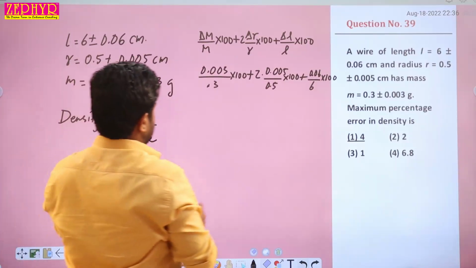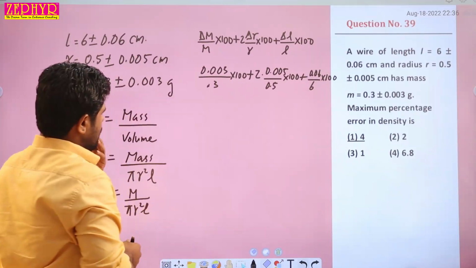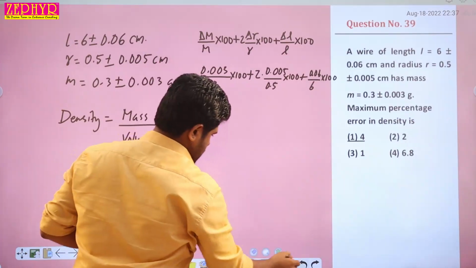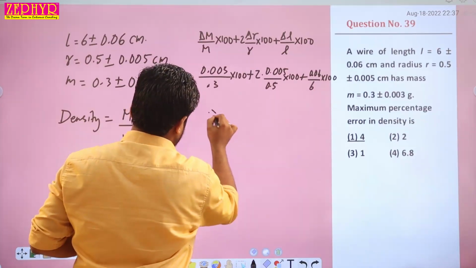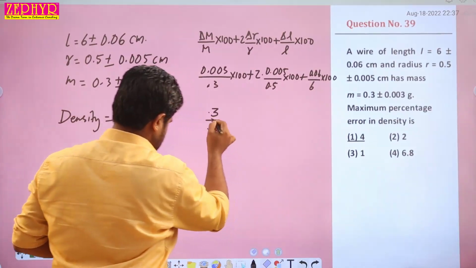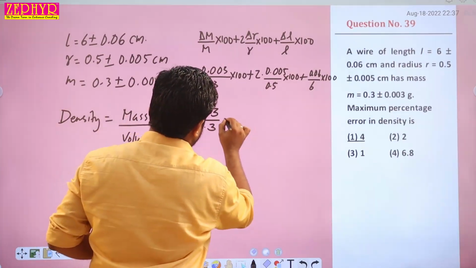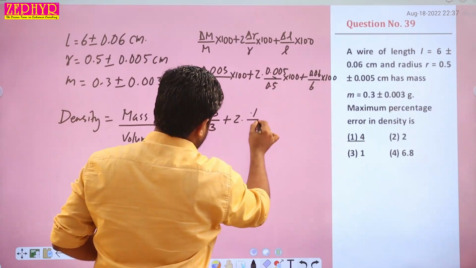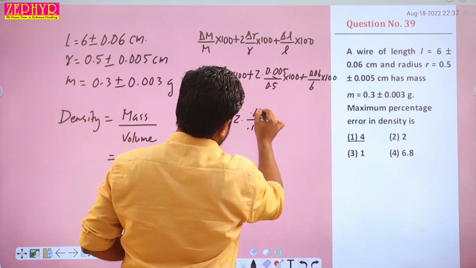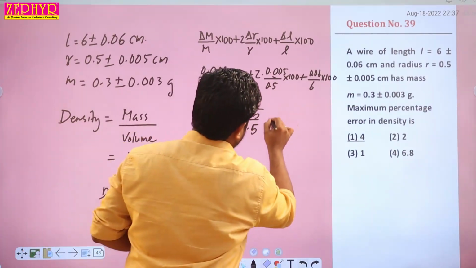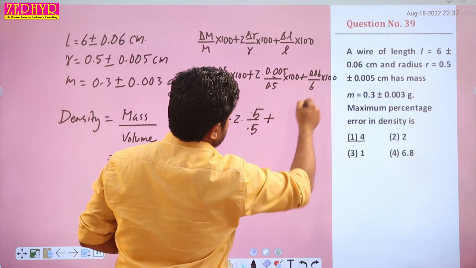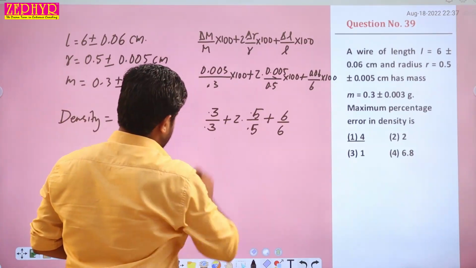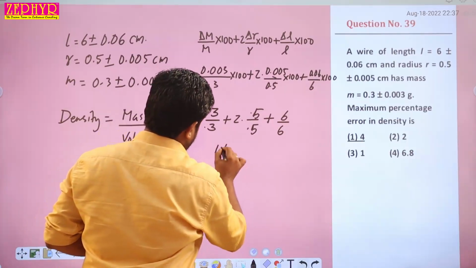So the values are: 0.3 divided by 0.3, that is equal to 1, so 1%.